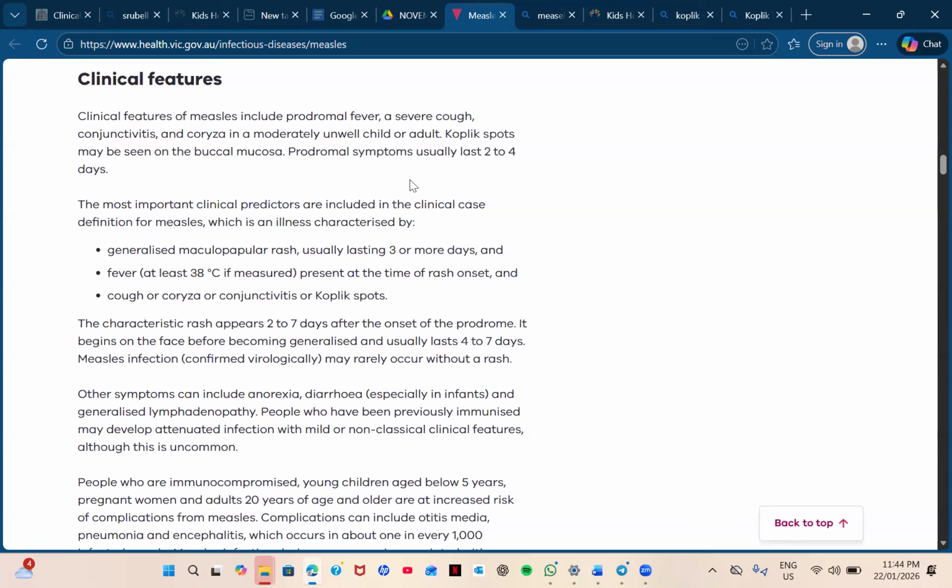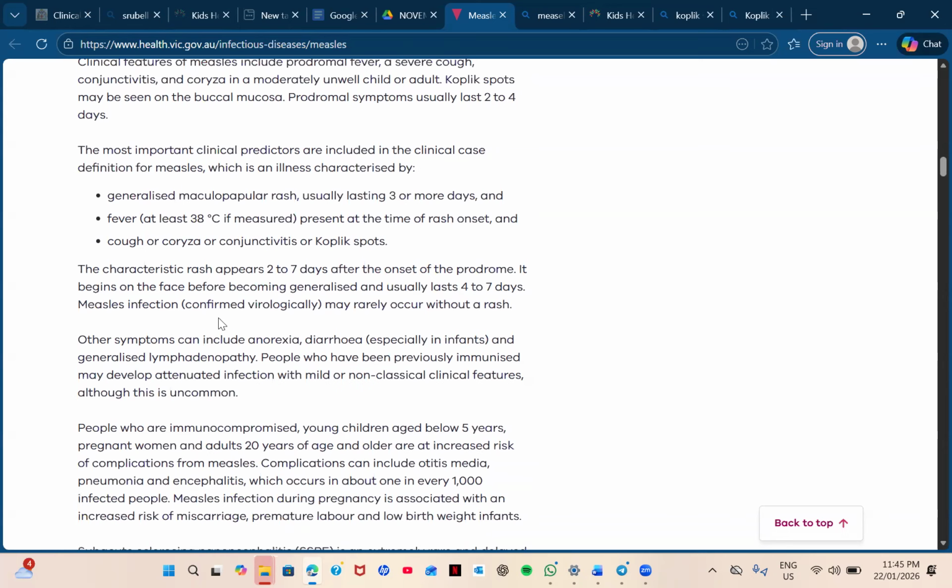In that case you should know when the rash appears. In measles, the rash is present at the same time as the fever. So please remember these features. The characteristic rash appears 2 to 7 days after onset of the prodrome. It begins on the face. Here they have mentioned the same time rash.